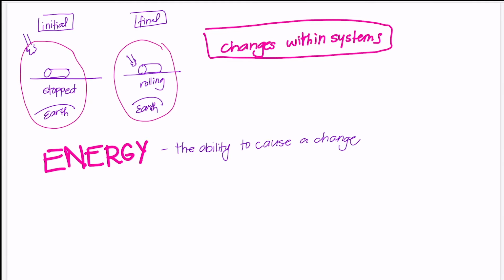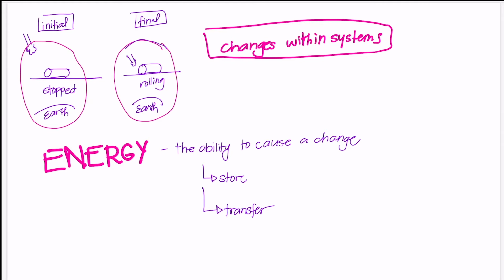In our class, look to what changes are occurring within the system. Okay, so within this boundary, what changes are happening. So we can do two things with energy. We can store it. We can store energy, or we can transfer energy.